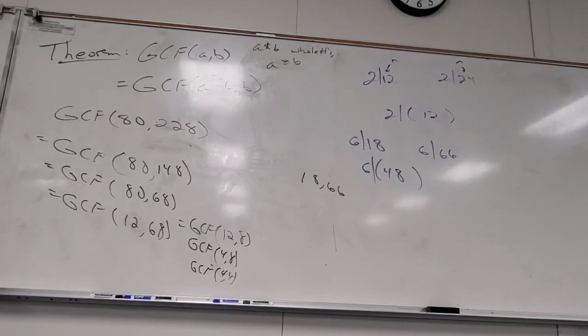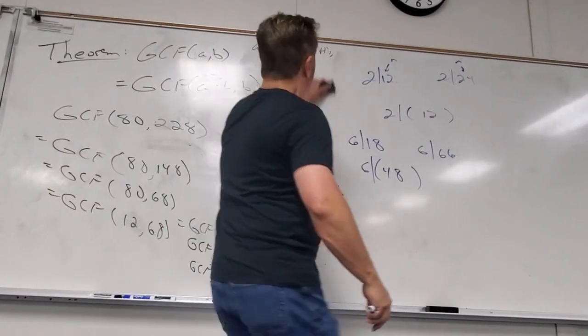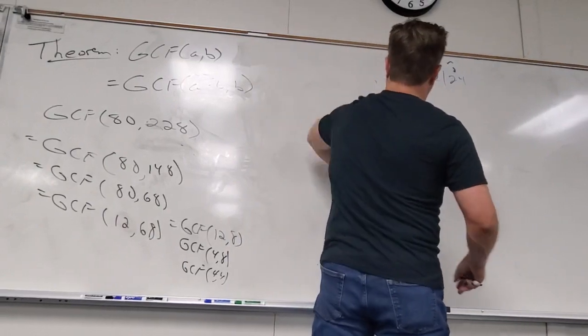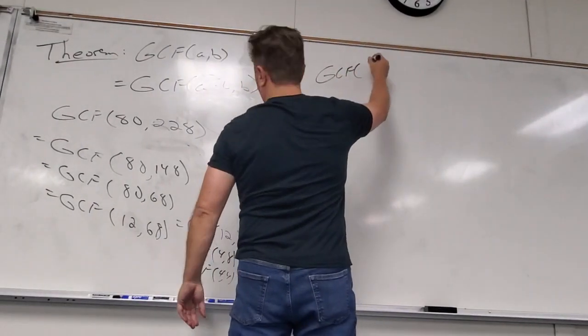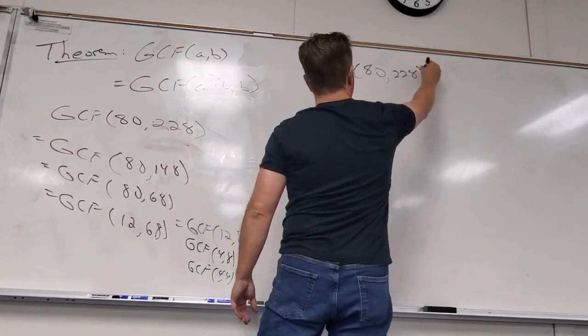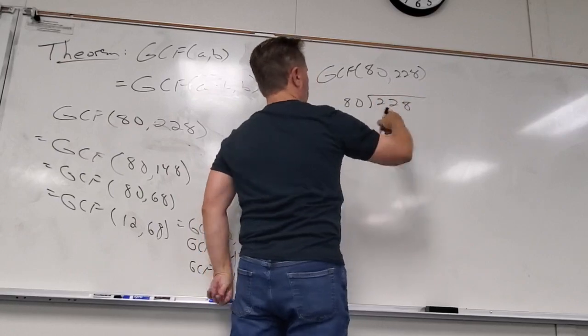What does this look like if I use repeated division instead, so I don't go insane? If I start with 80 and 228, 80 goes into 228 how many times?